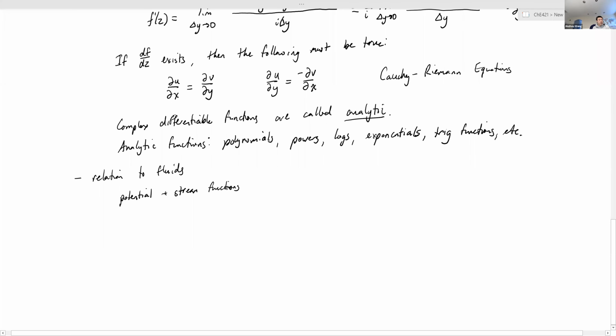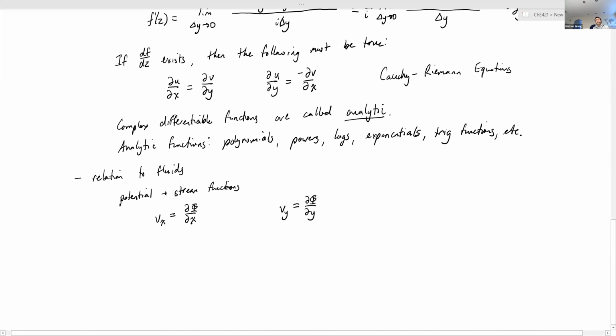The potential and the stream functions. Okay. The definition of the potential function was that Vx is defined as the gradient of the scalar function phi, right? And so Vx is given by d phi dx. And of course, Vy is given by d phi dy, right?